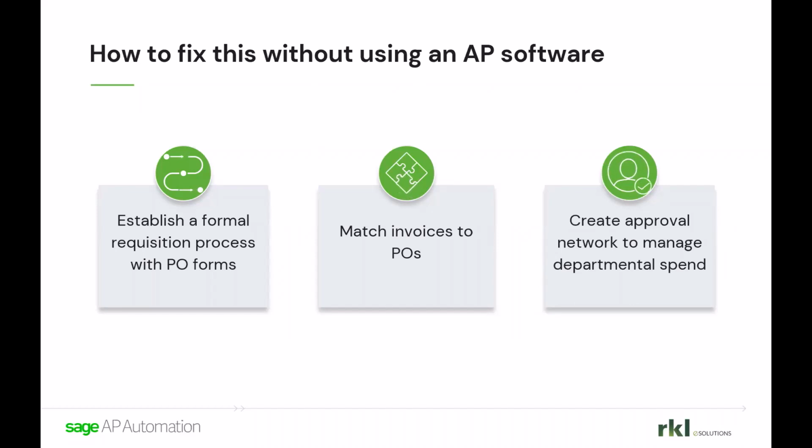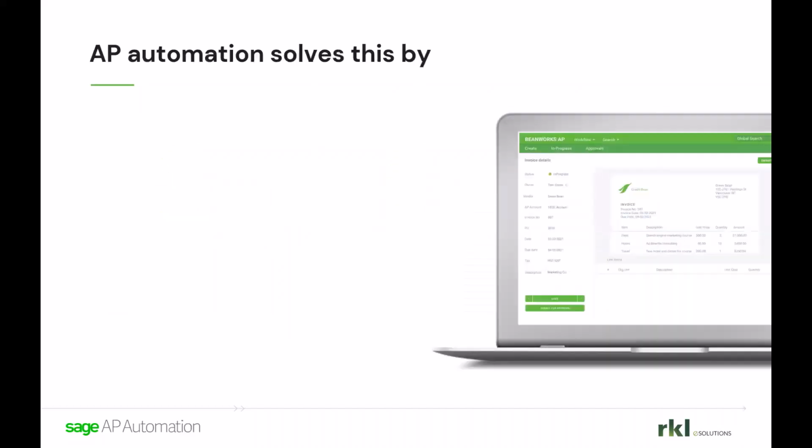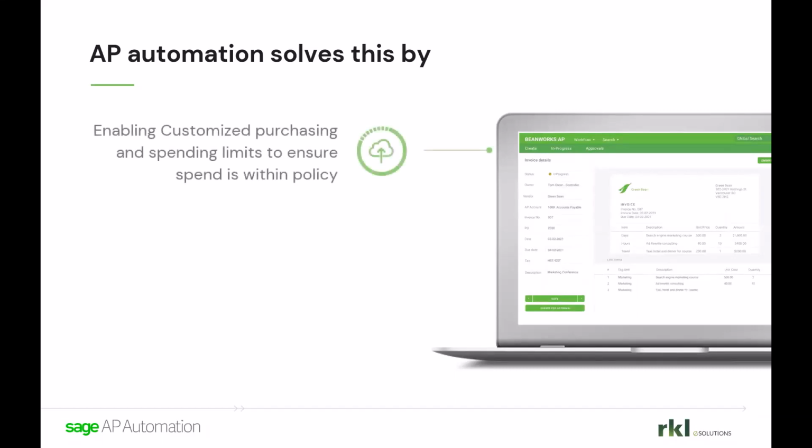If you wanted to take this even a step further, you could consider an automation solution. Some of the benefits of automating that piece would be customized purchasing and spending limits. You could come up with a spending policy for your team.